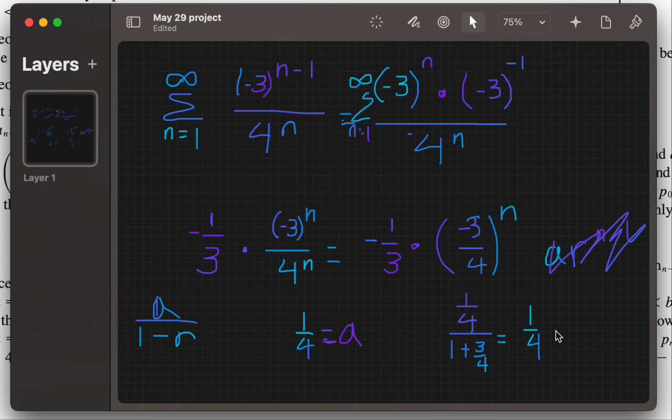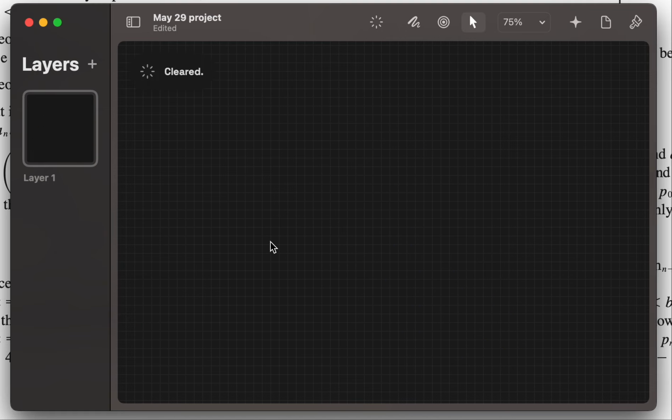So divided by 7/4 is the same as multiplied by 4/7. And that gives you 1/7. So the sum of this series is 1/7. And of course it is convergent.